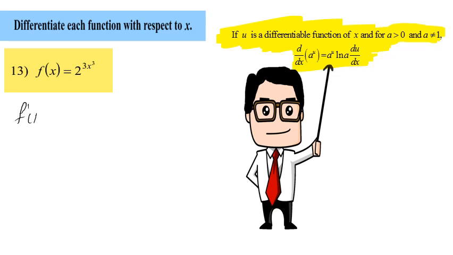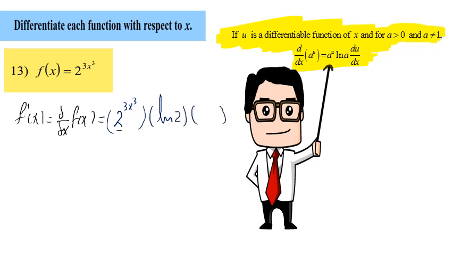So f dash of x, the derivative of the function with respect to x, is equal to the same function, 2 to the power of 3x cubed, multiplied by ln of the base, which is 2, multiplied by the derivative of the exponent, which is 9x squared, and that's it. If there is no further simplification, you can do it in this question.